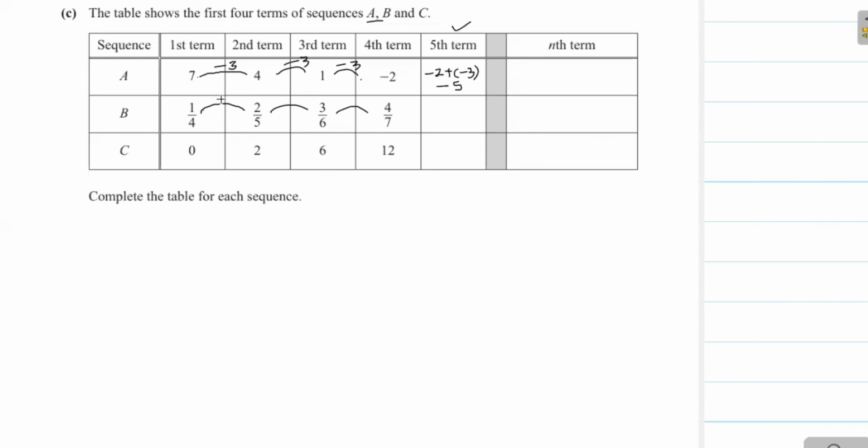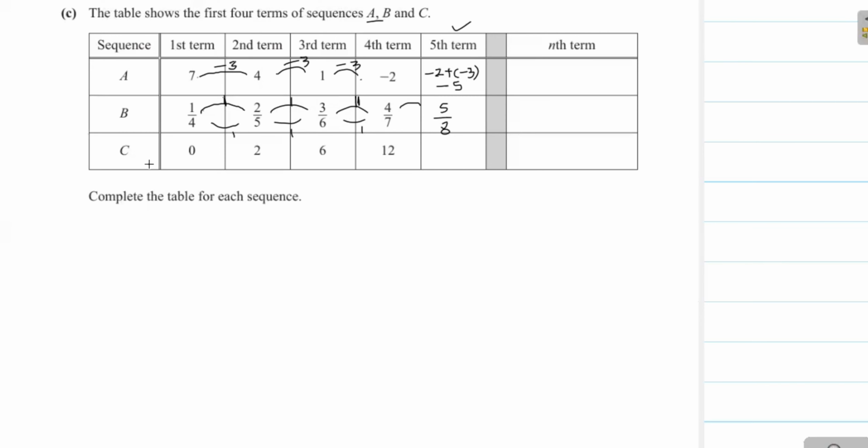The difference between numerators is 1, and this is 1, this is 1, and in the denominator, the difference here is also 1. The difference between the fourth and fifth value will be 1. Therefore, this value becomes 5, and the next value becomes 8.